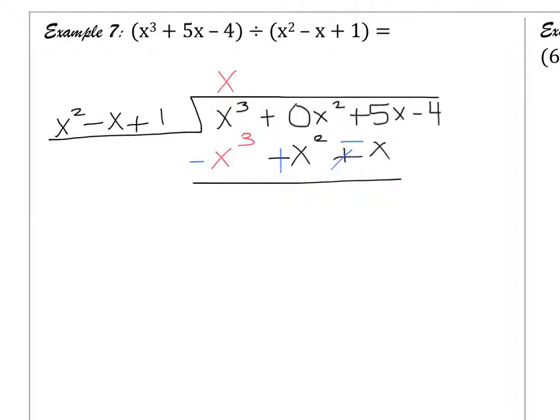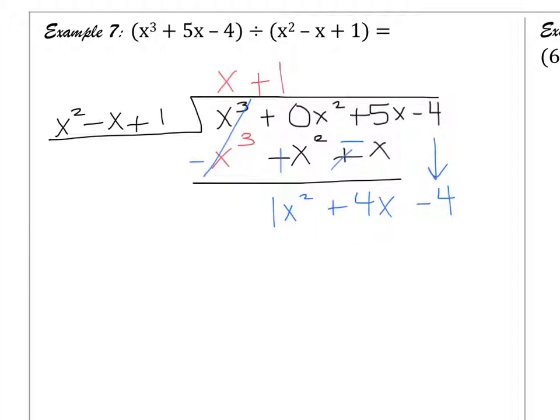Now, if I'm multiplying correctly, the x cubed minus x cubed should cancel out. 0x squared plus x squared, that's going to be 1x squared. 5x minus x, that's going to be a 4x, and I'm going to move the negative 4 down. Now I need to ask myself, again, x to the power 2 times what would give me x to the power 2? That's only going to be a 1.